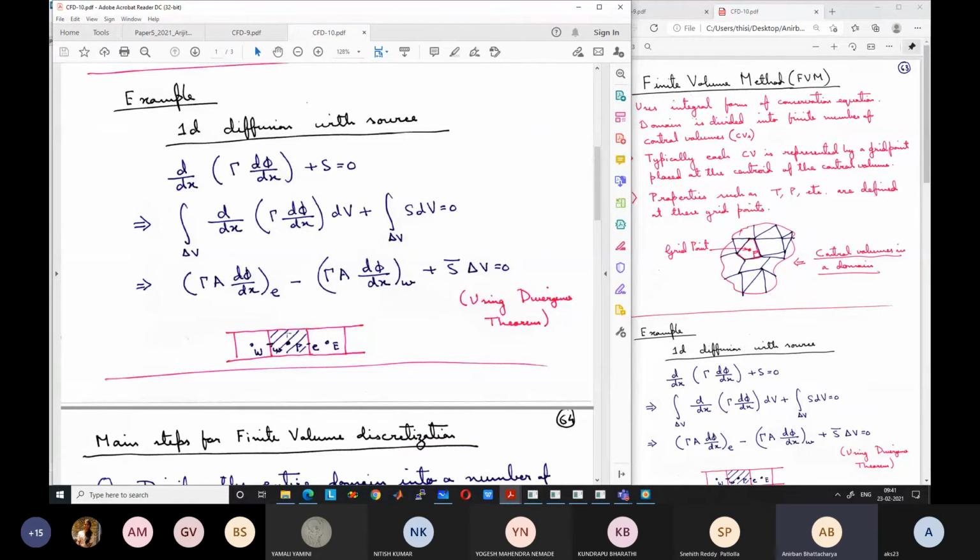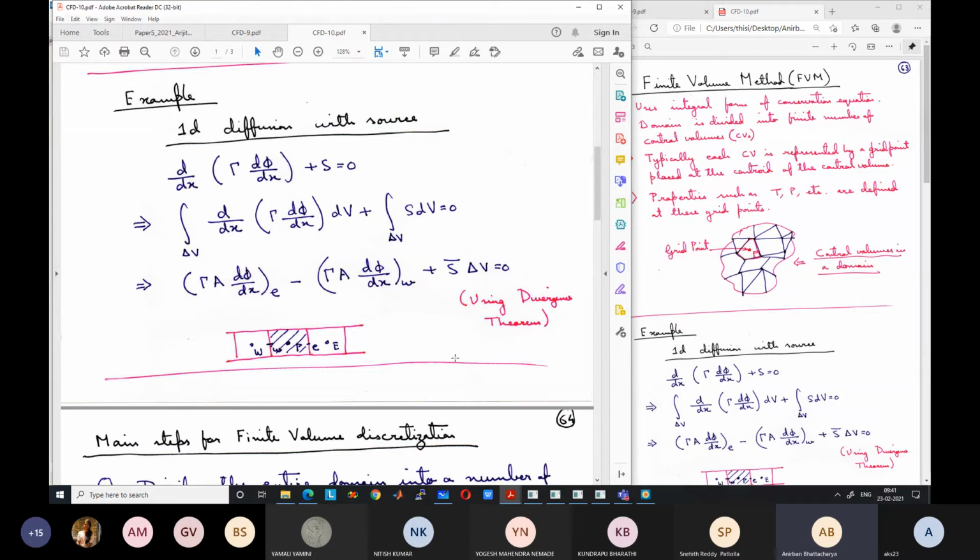If you directly discretize from the differential equation, it ensures that conservation of the property occurs at an infinitesimal point, at each grid point. So conservation will be valid for each point, but for the overall domain, we cannot ensure that conservation of properties will occur.